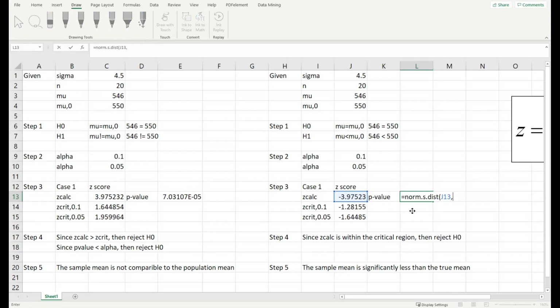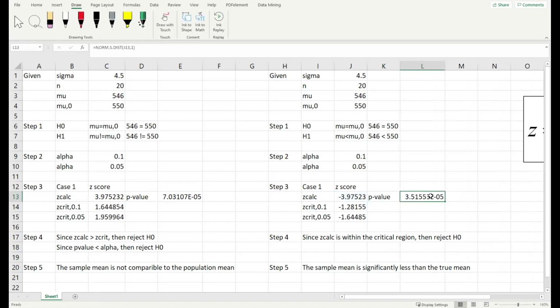Para ma-measure natin yung area. So true is, again sa previous lesson, in Excel, pag gusto nyo sabihin true, pwedeng 1 lang ilagay nyo. Tapos 0 if gusto nyo false. Okay? So we get ganitong value. So in this particular case, hindi na natin kailangan i-multiply by 2 kasi one-tailed test to.